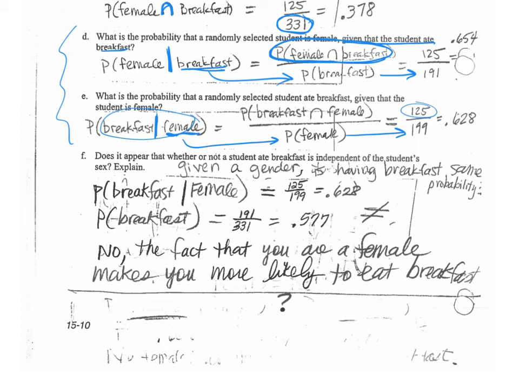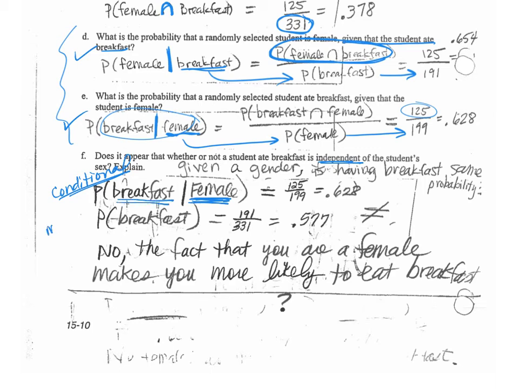Now, let's go for this question, independence. There are multiple ways you can do this. Pick one. So I picked this one. Given that it's a female, so you just pick one of the conditional ones that you have. It doesn't matter. I picked one of these conditionals that is already up here in the problem: given that you're a female, what's the probability you eat breakfast?